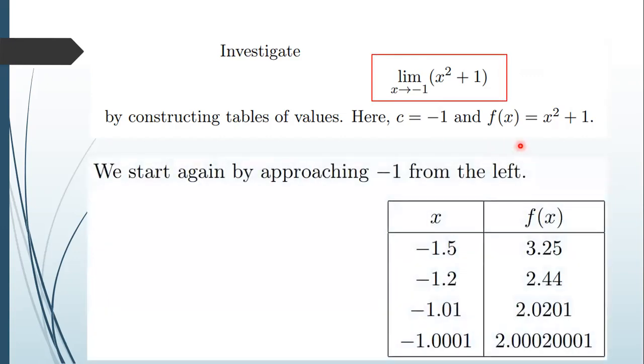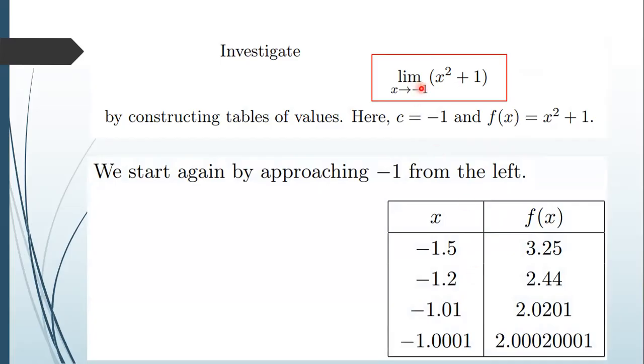We start again by approaching negative 1 from the left. If you might be wondering why there are only 4 values of x, it's all right. You can have at least 3 or 2 and above values of x to plot, which is nearer to your c.